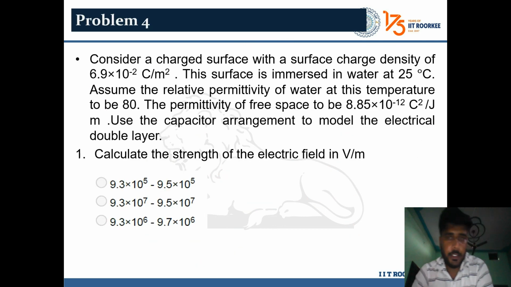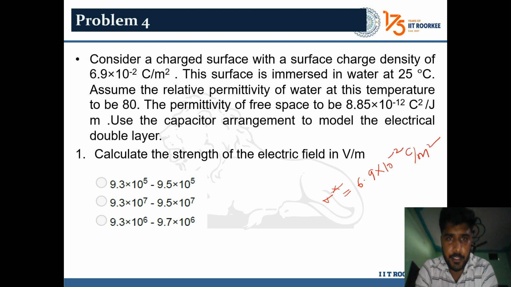Consider a surface with a surface charge density of this coulomb per meter square. This is the surface charge density, sigma star, 6.9 10 raised to minus 2 coulomb per meter square.